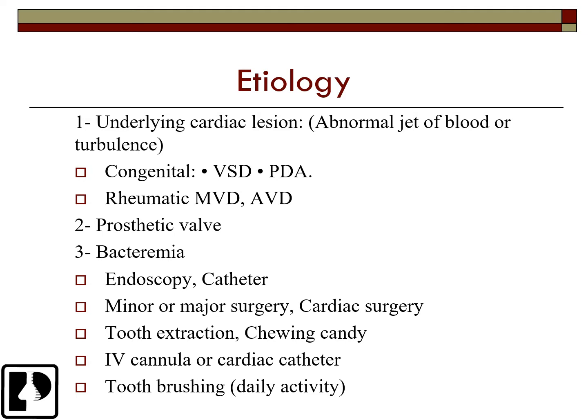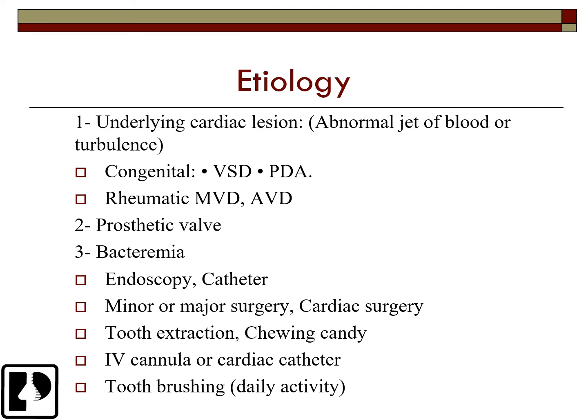If the bacteria is flowing in the blood and transmitted from side to side, when it goes to the heart, if I have abnormal jet or turbulence, meaning that they have mitral stenosis, mitral regurgitation, and so on, so the blood goes in a different direction rather than the normal direction, or it is going through a stenosed or narrow valve. It is very easy for the bacteria to attach to this valve.